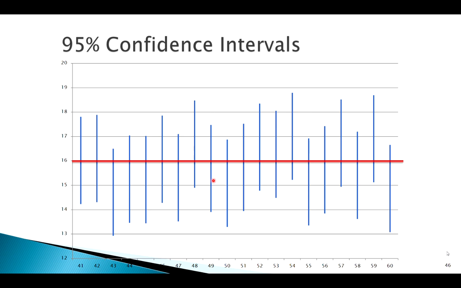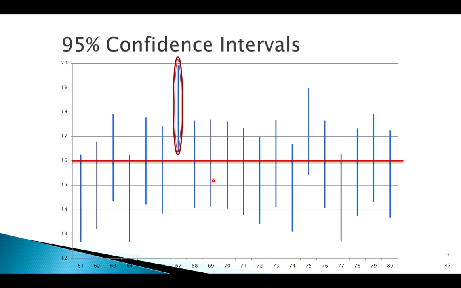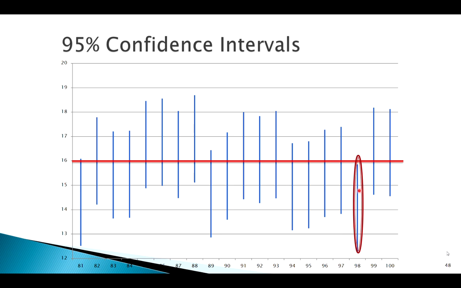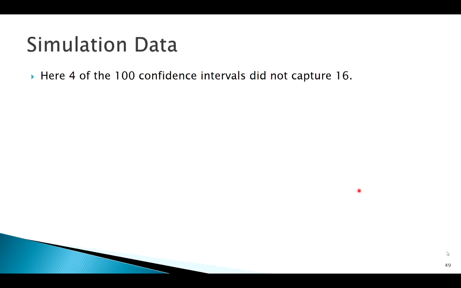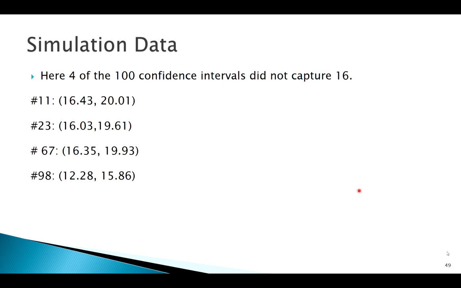Our next 20, from 40 to 60, all of them did their job correctly. Our next 20, one missed there. And our last 20, we had another one miss. So in simulating this, it turned out that 4 of those 100 didn't capture the parameter of interest that we were looking for, which means 96% did.